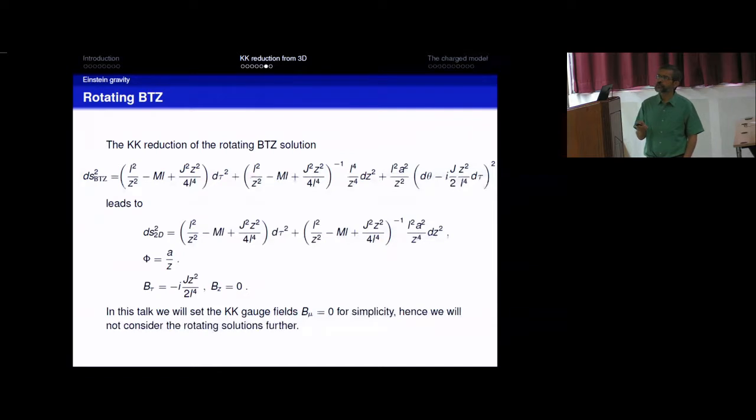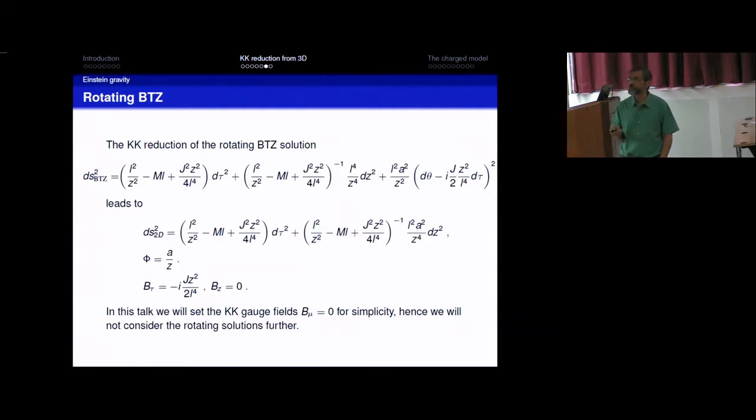Just a remark about what happens to the rotating BTZ solution. Here, indeed you have coupling terms like d theta d tau, which corresponds to a Kaluza-Klein gauge field, and this is the 2D metric. In this talk, as I said earlier, we'll set the Kaluza-Klein gauge fields B mu equal to 0 for simplicity, and hence will not consider the rotating solutions further.